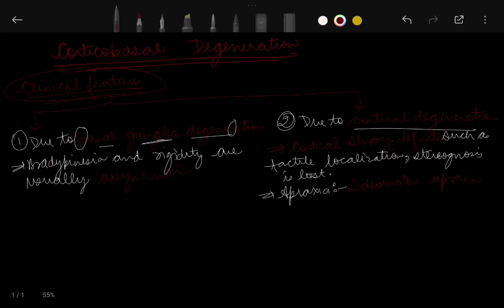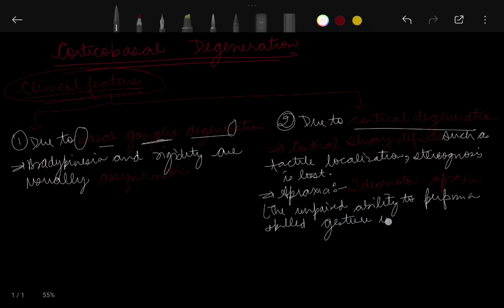In ideomotor apraxia, it is the impaired ability to perform a skilled gesture with a limb upon verbal command and or by imitation.